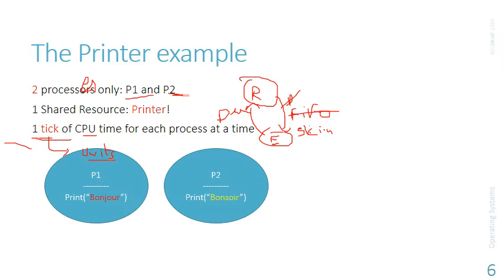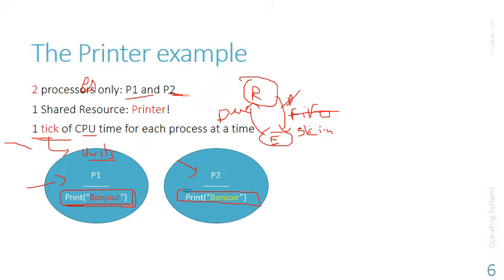Alright, so let's see what is the purpose of P1 and P2. P1 only has one thing, which is to try to execute one instruction, a system call in that case, right? It's trying to use the printer and wants to print out a message. And P2, same thing, however it wants to print out a different message.